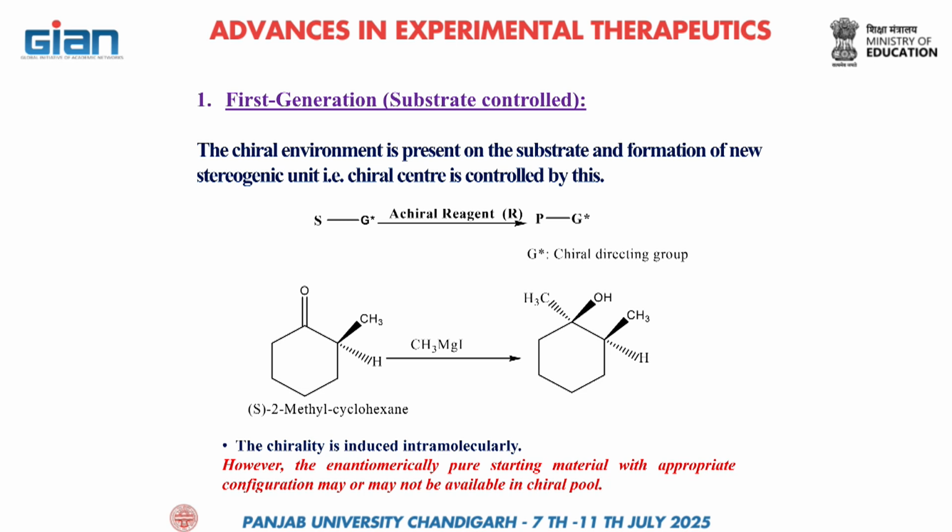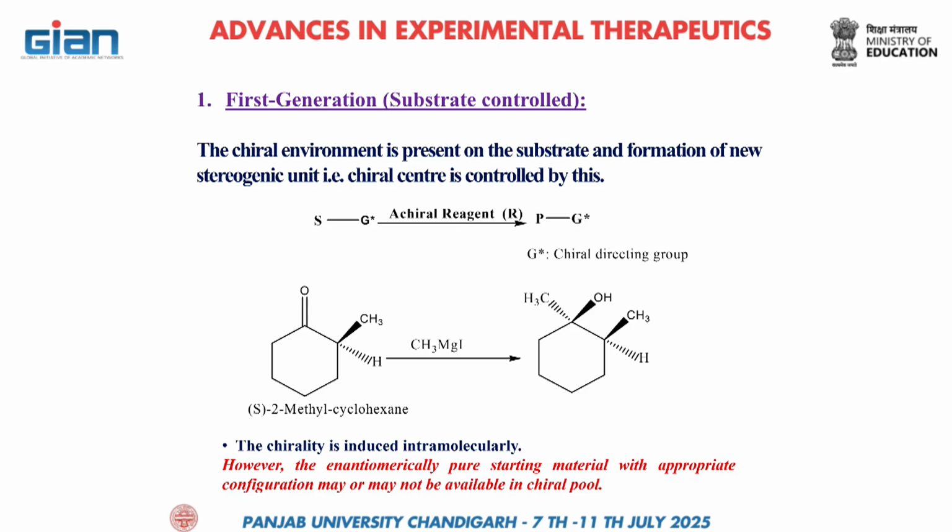So that means the formation of pure enantiomeric chiral product is controlled by the presence of the chiral unit in the substrate. So that's why it is called substrate control. If anything is present in the substrate which will lead to the formation of only one type of enantiomer or product, then that is your substrate controlled first generation reaction.